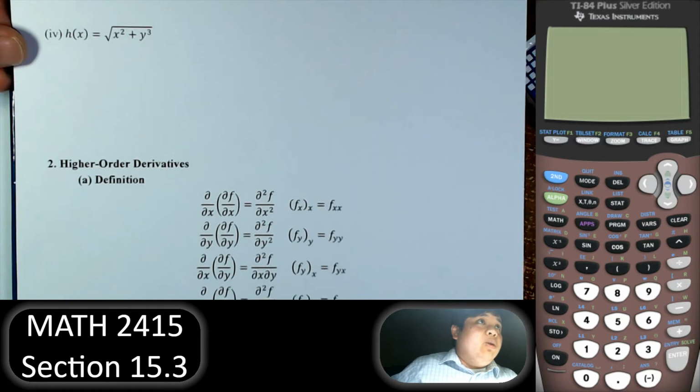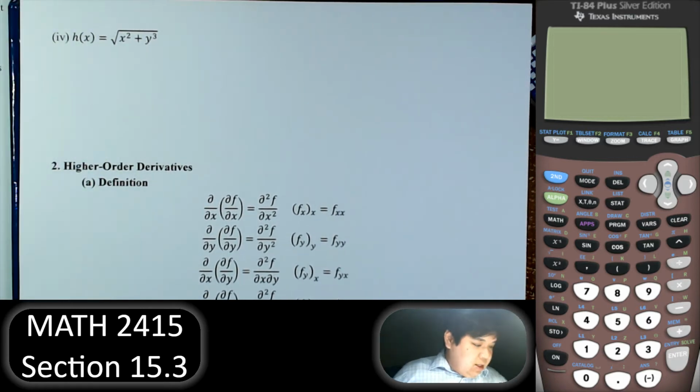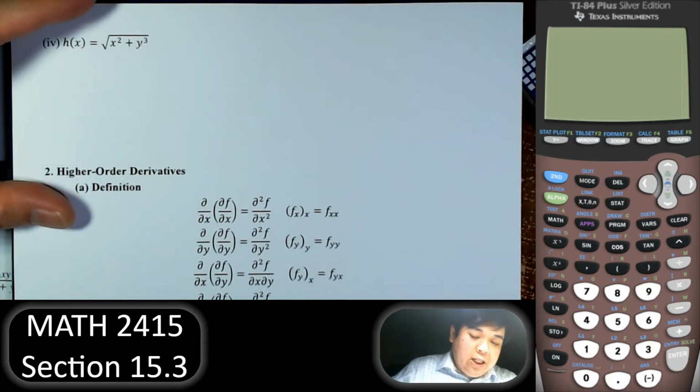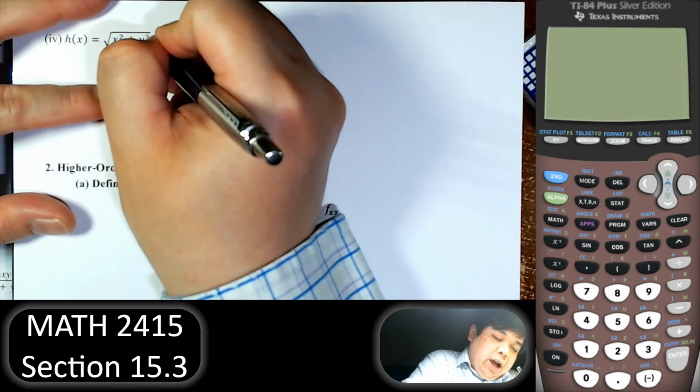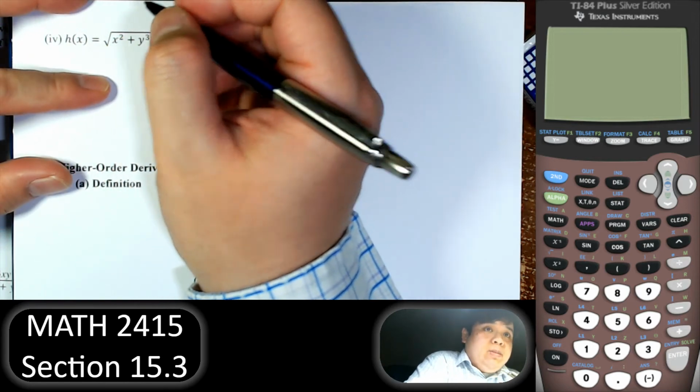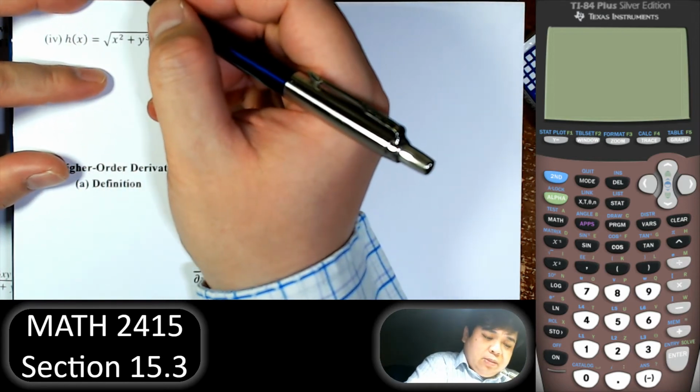Right. Derivative of this with respect to x and then with respect to y. We can rewrite this as x squared plus y cubed, all of that under a square root.